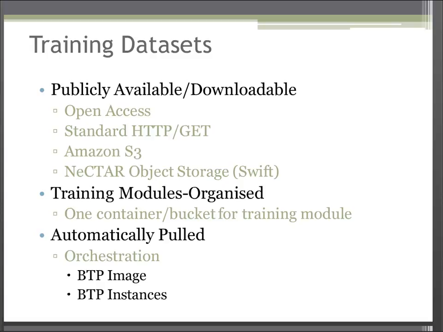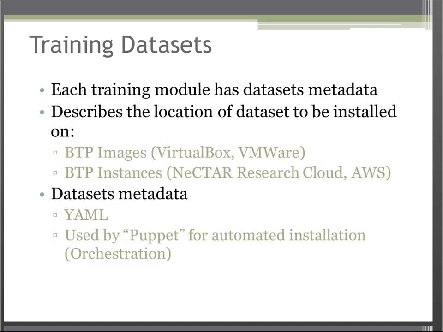The training datasets, like I mentioned, are described in each training module and represented on GitHub in their repository using dataset metadata. These are basically text file based configuration files that describe where the datasets are stored and where to install them on the images as well as on the training instances.